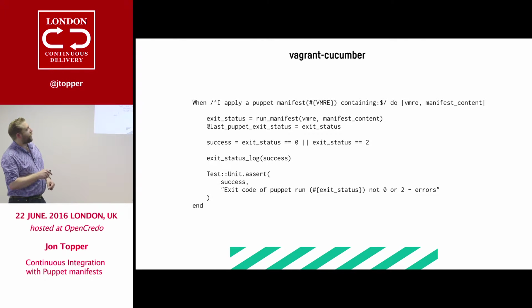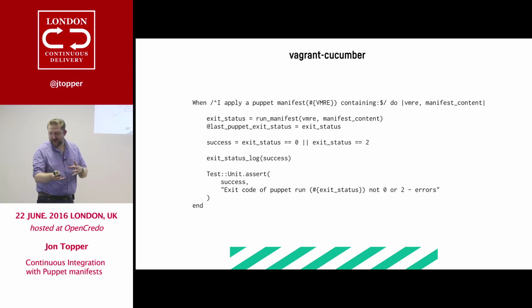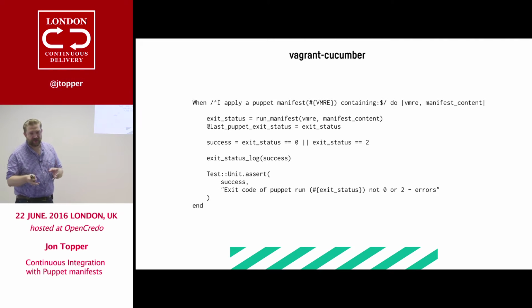So when I apply a Puppet manifest on the current server, which is what it defaults to, containing manifest content, then we have this little block of code here that calls out into some more of my step definition that's defined up here and a bit more involved, which connects over an SSH channel to the VM itself, runs the Puppet manifest, and then does things with the return values so that we can say whether or not that worked properly.